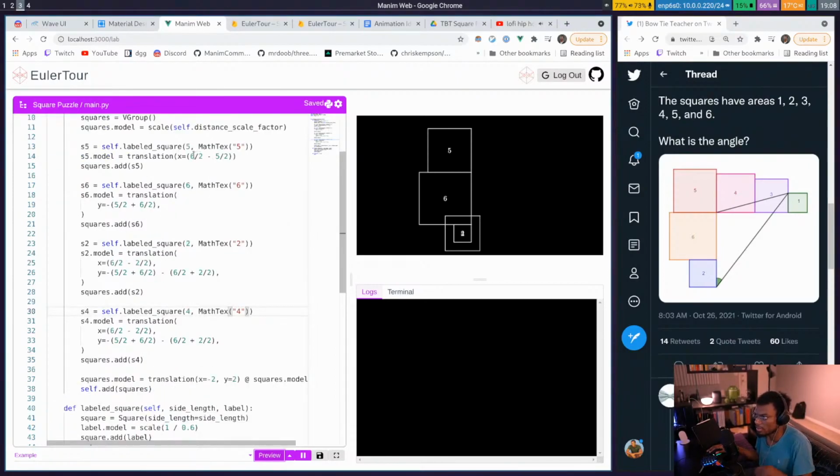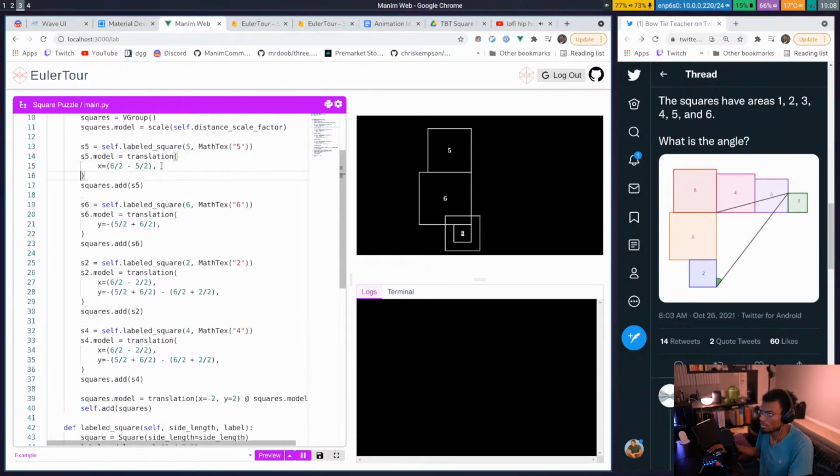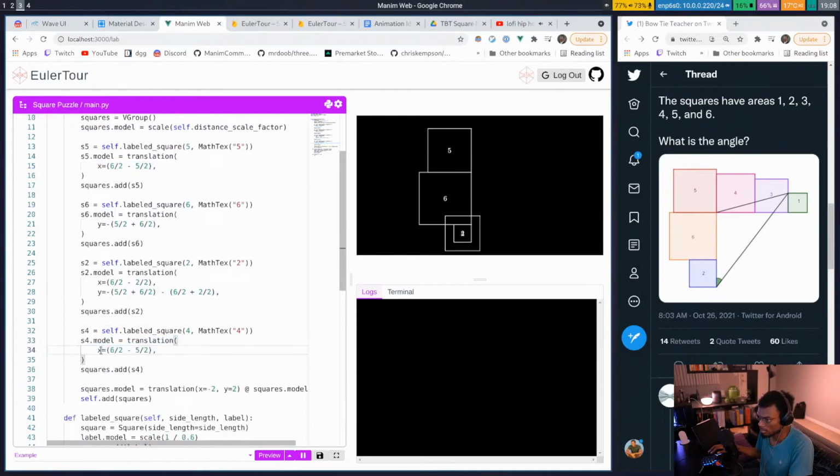So here I'm just going to take the translation from S5 in this case, and just copy it and then add to that. So I need to move it additionally 5 over 2 plus 4 over 2.